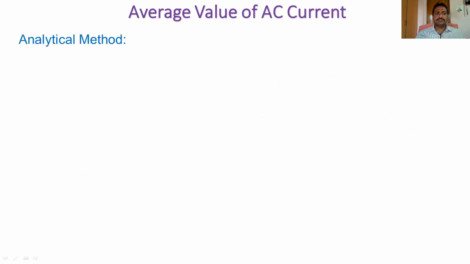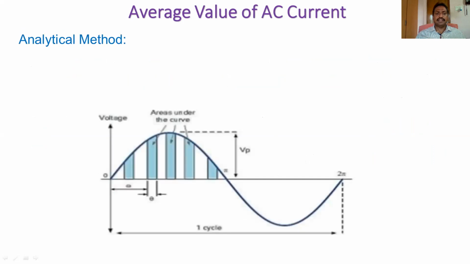Then we determine the average value with the help of the analytical method. In the earlier case, we divided the total half cycle into n equal intervals. But in this case, we take a small portion. We want to determine the area of this total curve. No need to take the total curve.